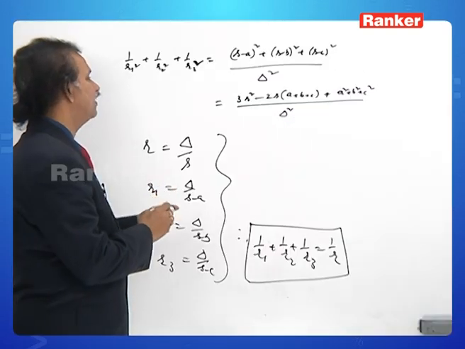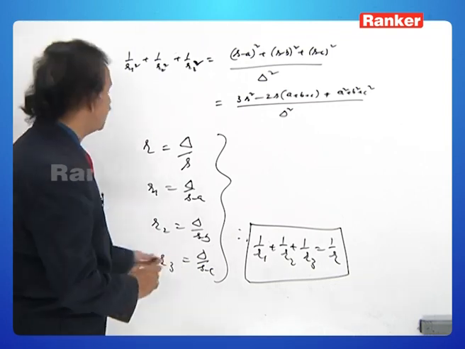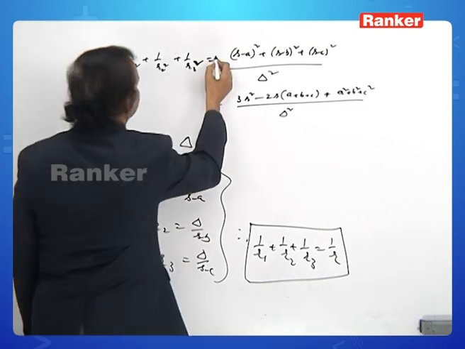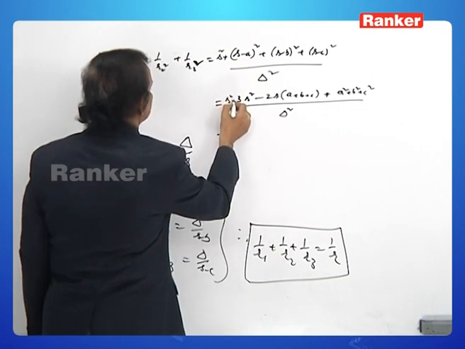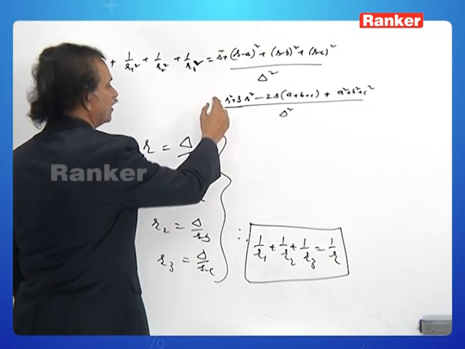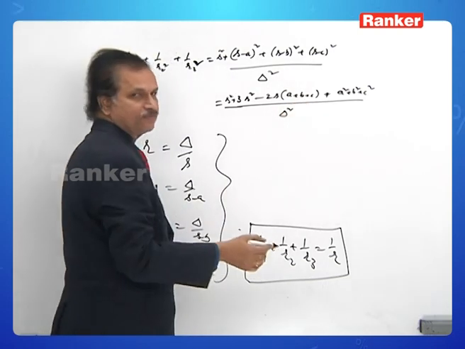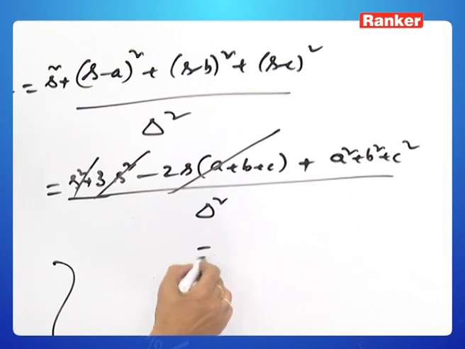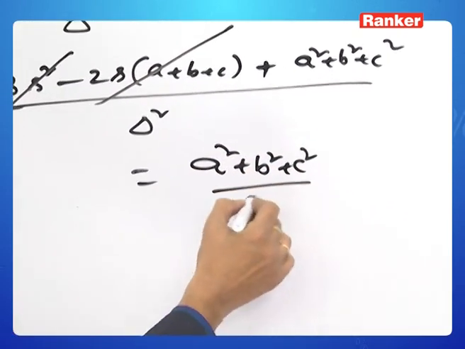If you add 1 by r square also here, then s square will also come here. So this is s square plus 3s square, 4s square, minus 2s into (a plus b plus c), which is 2s, 2s into 2s, 4s square. The 4s square will be cancelled, leaving you a square plus b square plus c square by delta square.